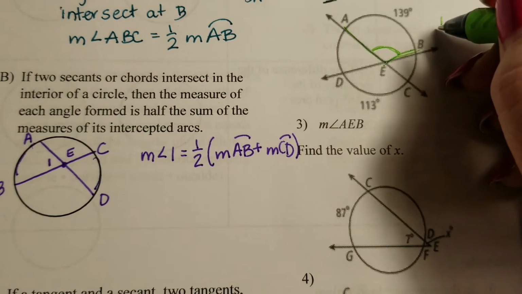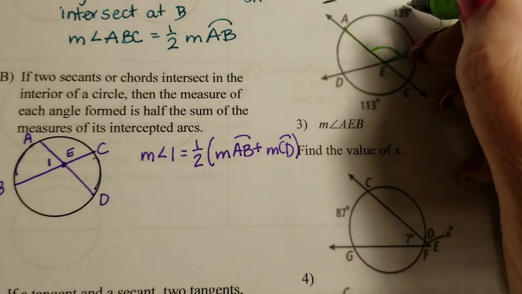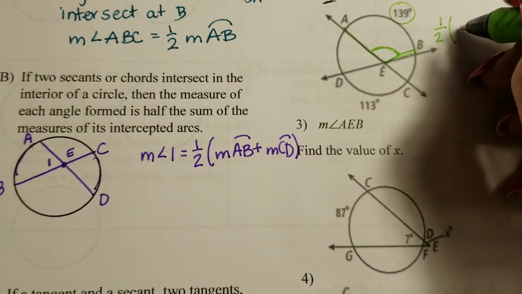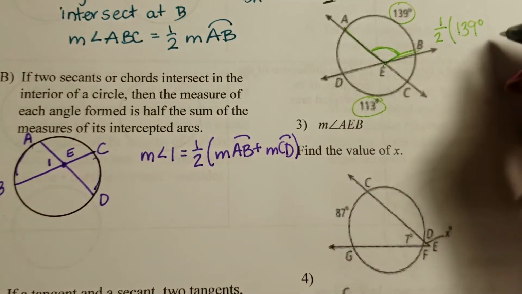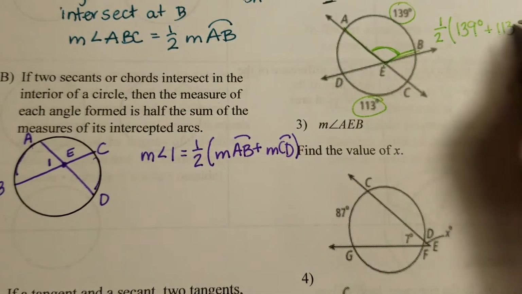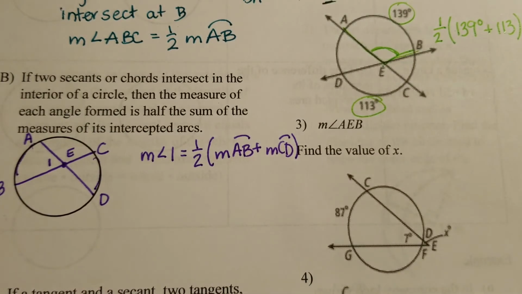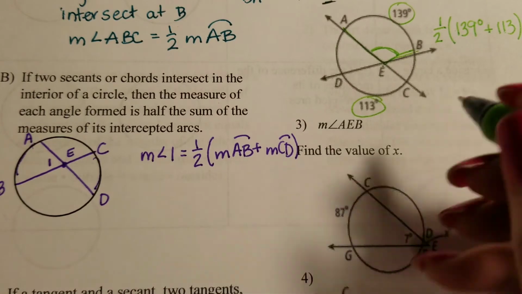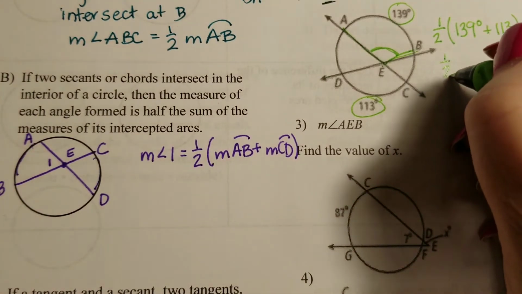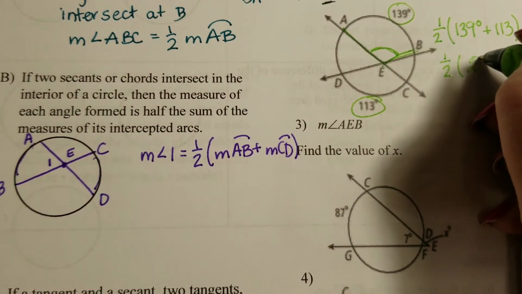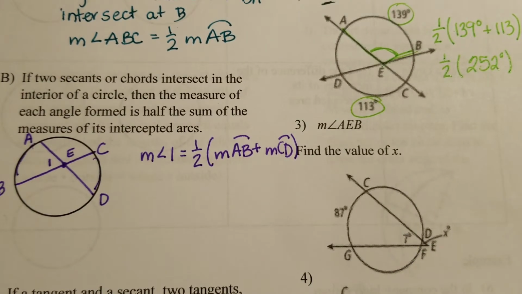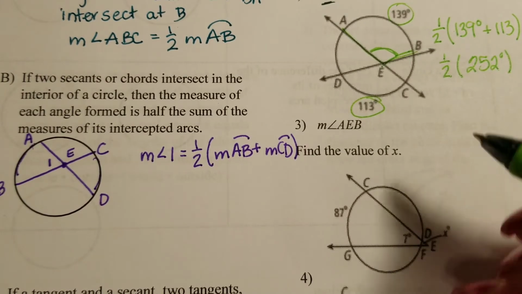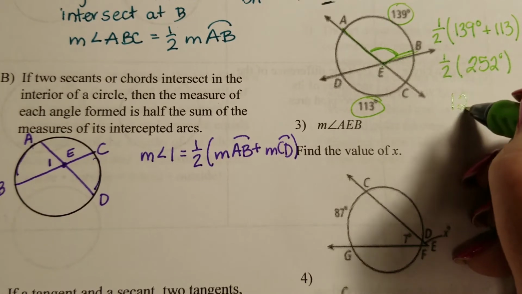Well, it's going to be 1/2 of this one, 139, and this one, 113. So 139 plus 113 is 252. And half of 252 is 126 degrees.